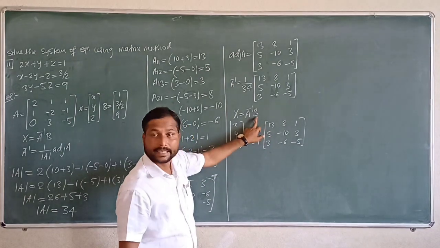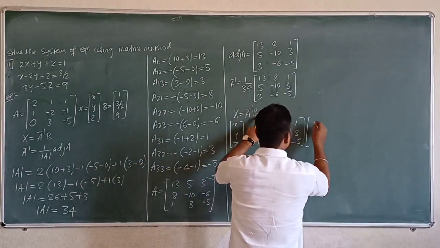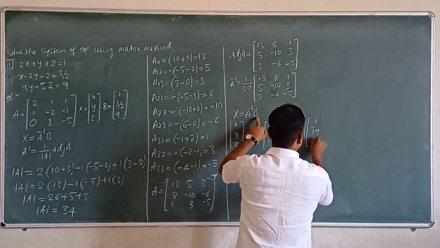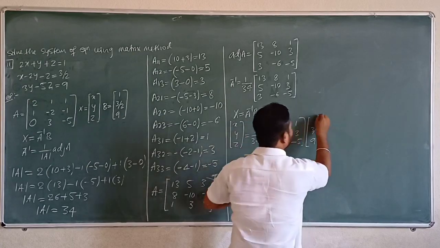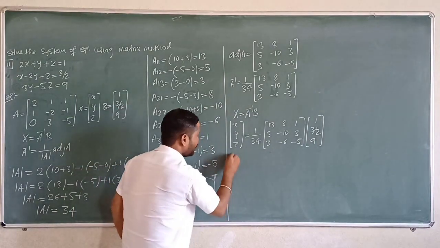Write down again here into B. B meaning the constants now: 13 by 9, and that is 3 by 2, okay, that is 3 by 2 and it is 9. Okay, so focus again.